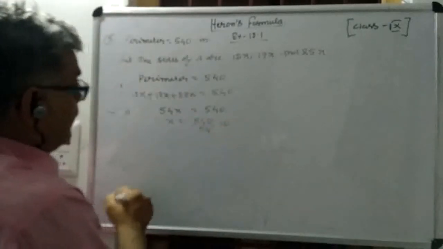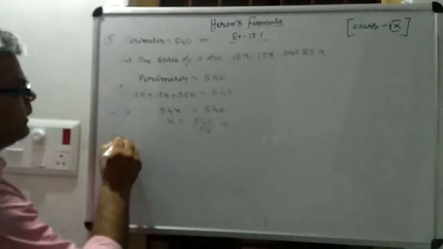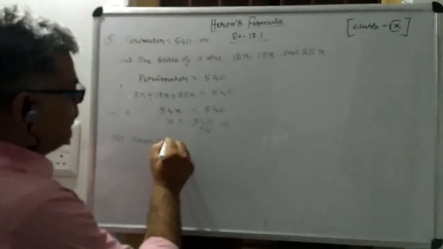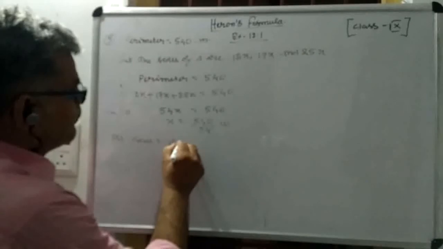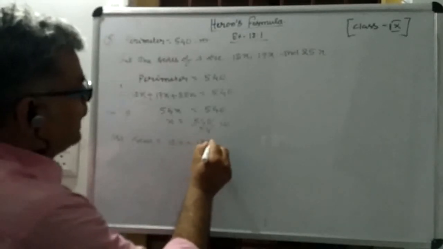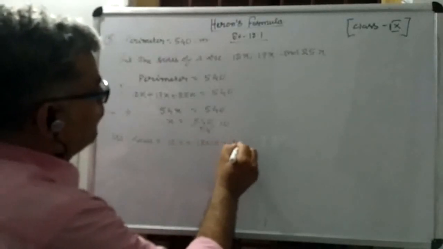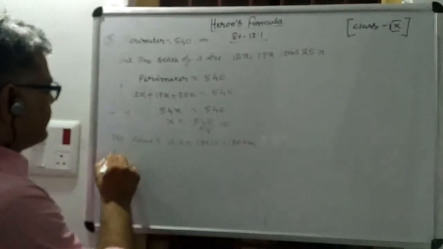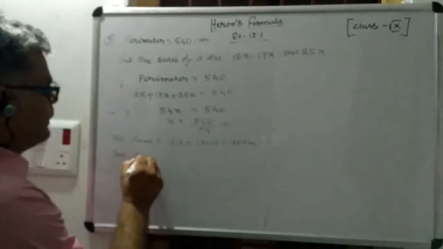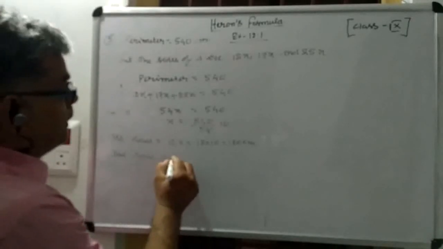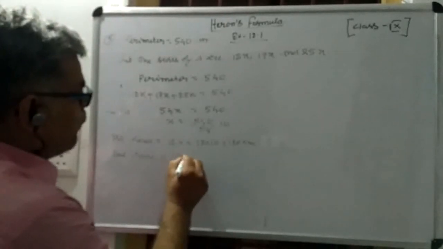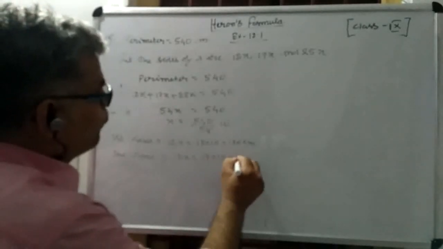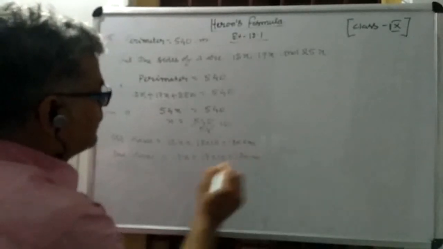Now calculate your sides. The first side will be equal to 12x, which is 12 into 10, that is 120 centimeter. The second side was 17x, so 17 into 10 will be 170 centimeter.